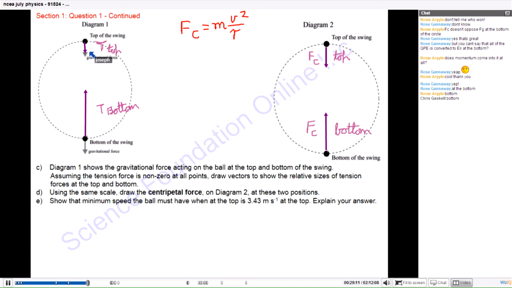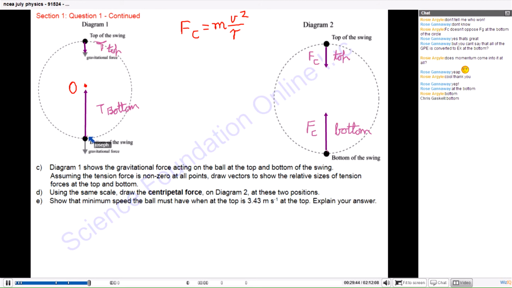At the top, your gravitational force is pointing to the center of the circle, and don't forget the center of our circle is over here. I think of it as being exactly at the center. I might not have drawn it very clearly, but you can see that the gravitational force is helping to provide the centripetal force that points to the center.